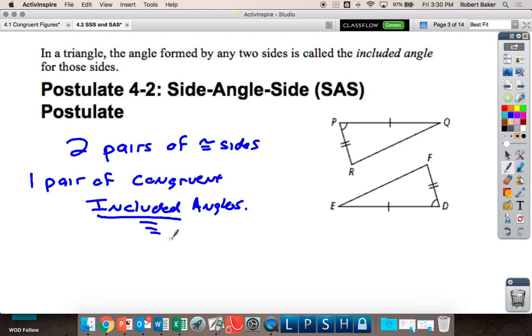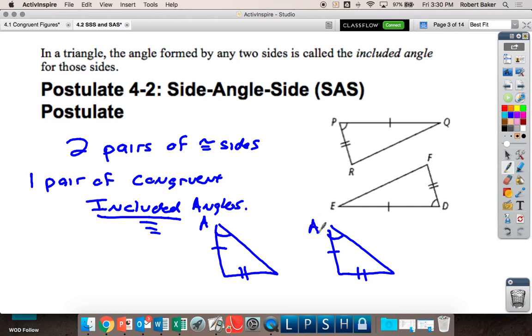Here's why. Let's say I draw you 2 triangles. Okay, if I mark these triangles up, what does this swoosh mean? Angle or side? Angle. Side or angle? Side. So, is this the SAS shortcut? Yes. Wait, that spells SAS?